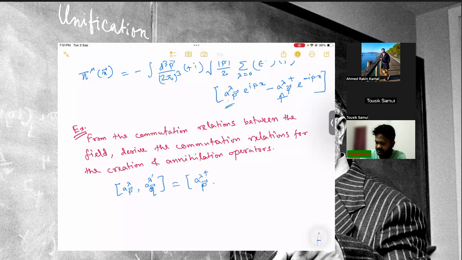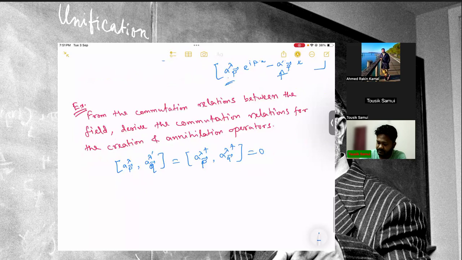So creation with creation becomes 0, but the only surviving thing is creation with annihilation. So it will be minus eta lambda lambda prime. You may need some results from earlier that we derived, epsilon lambda prime is eta lambda, so eta lambda prime. That we might need, but otherwise it's the same as the scalar fields.